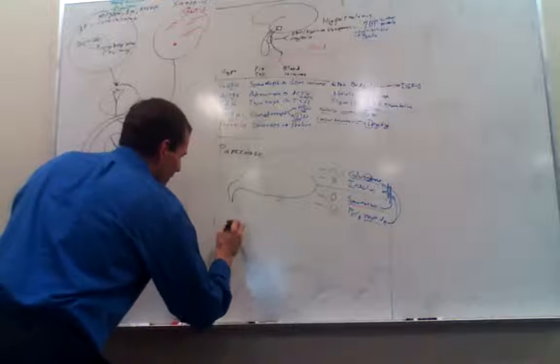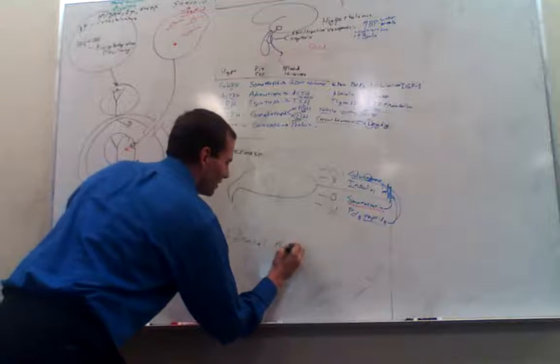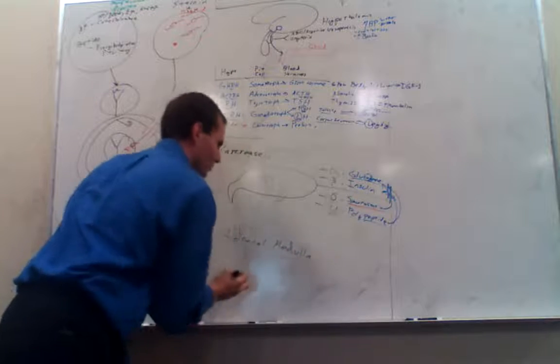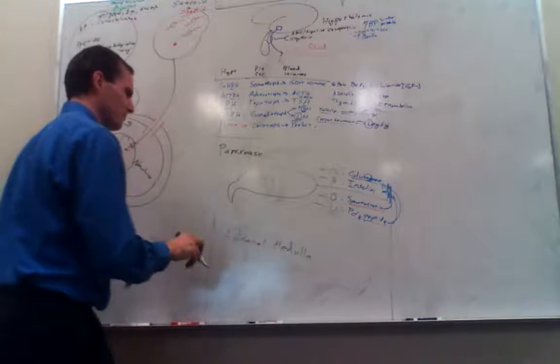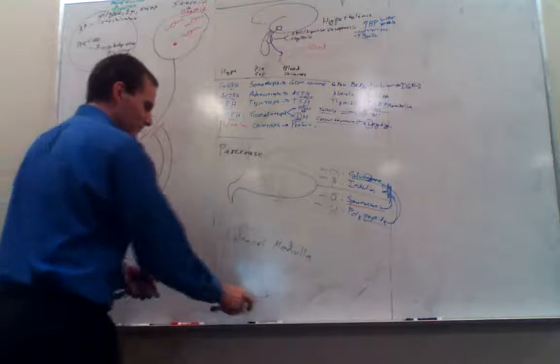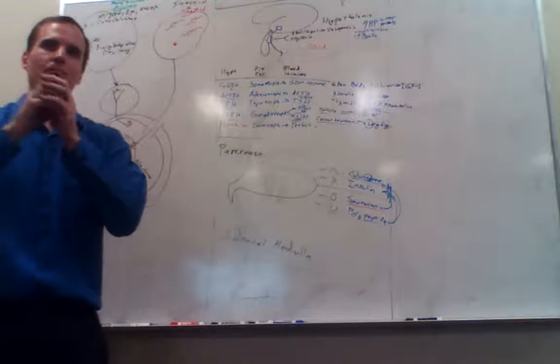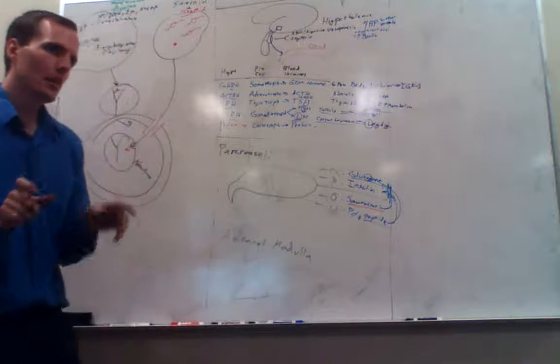All right, next we're going to have adrenal medulla, or medulla if you like that pronunciation, drives me crazy. All right, so the adrenal gland has multiple layers. There's the medulla, and then there's the cortex.